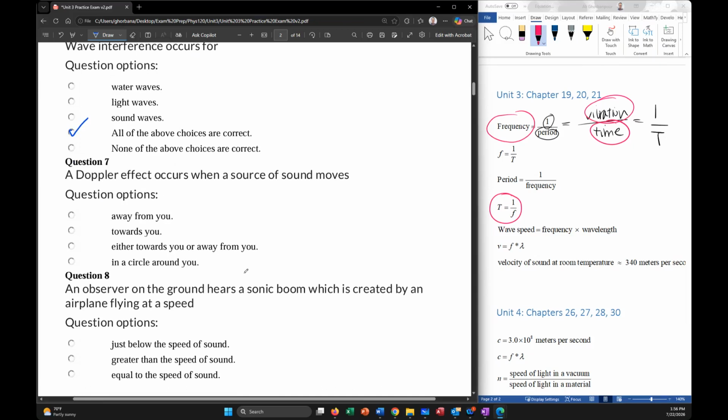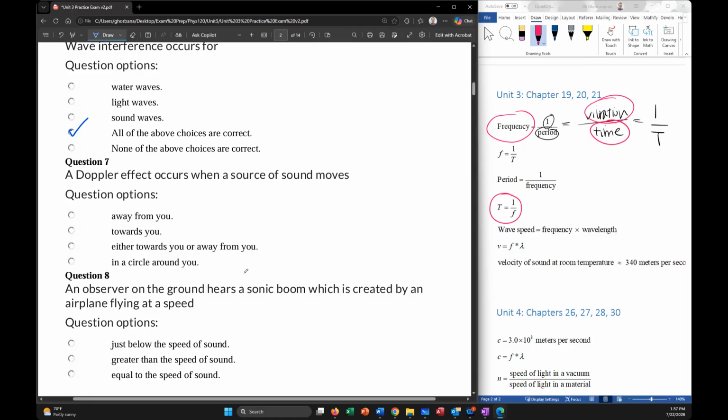The Doppler effect is when the frequency changes based on the source of the wave moving or the observer moving. If you are moving toward the sound source, you hear a higher pitch than when you are moving away. When moving toward the sound source, the frequency increases.